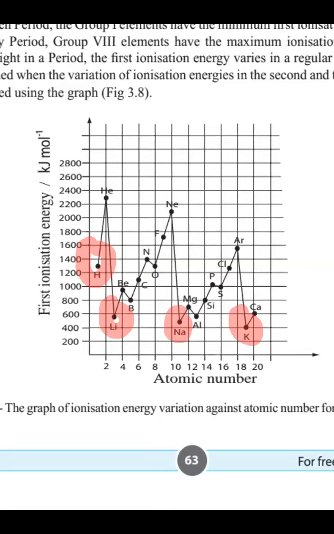What is that? The maximum first ionization energy is in group 8 or the noble gases. What is the reason for that? Their electrons are fully filled. They are stable. It is very difficult to remove the first electron. First ionization energy is very high.